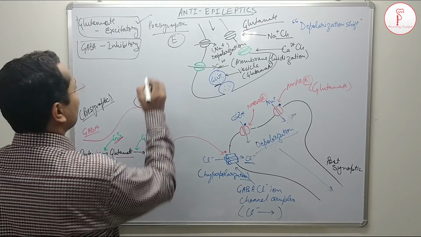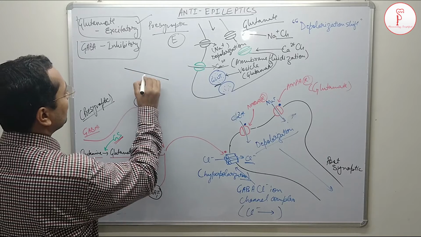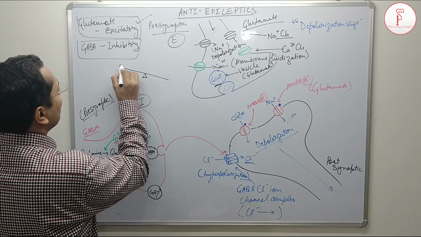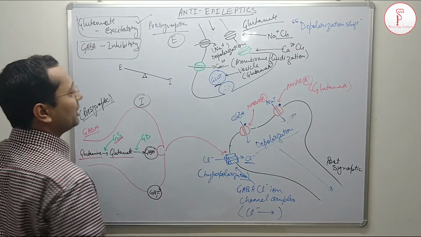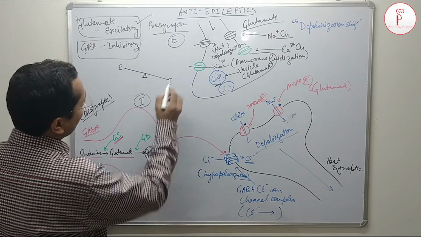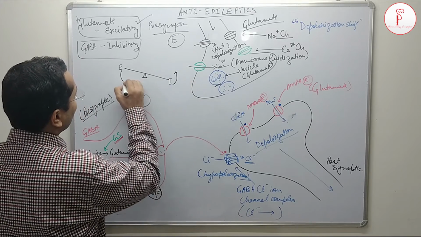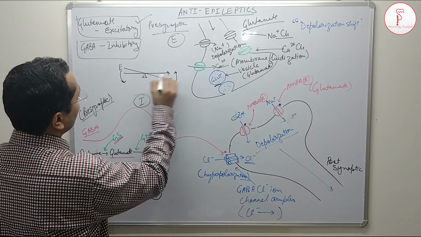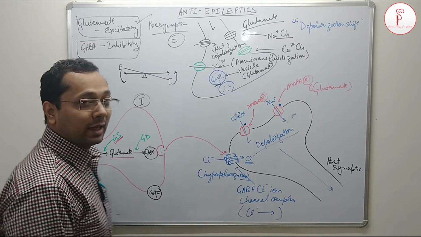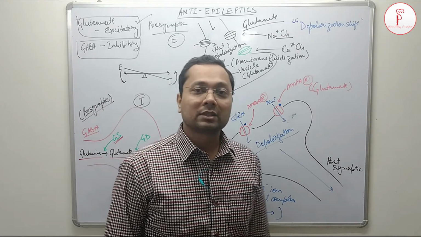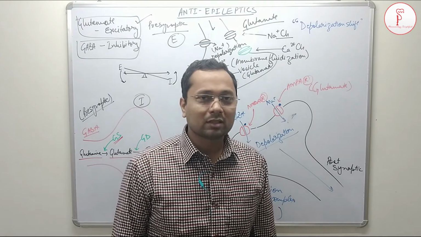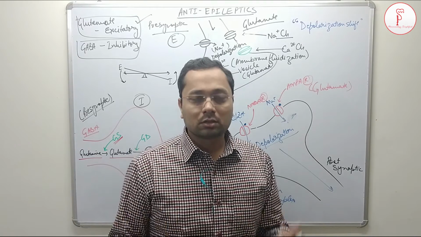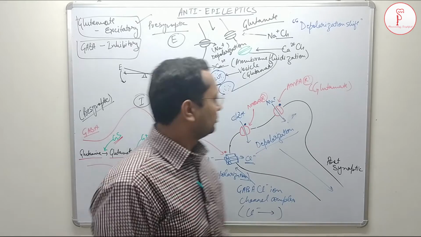If there is an imbalance between the excitatory and inhibitory neurotransmitters, we have to level them, so that excitation and inhibition take place in accordance with each other, right?